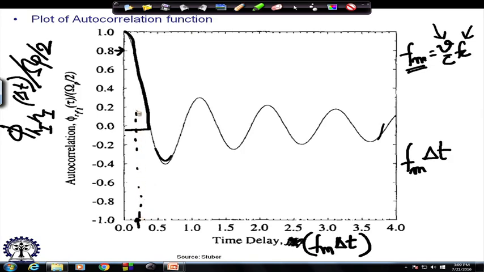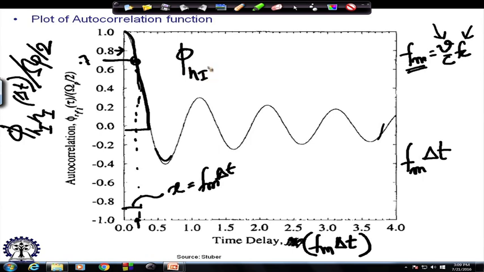If we take this line straight and reach this point, which is, let's say, 70%, we can read this as: at this value of f_m delta t, which is x, where x is equal to f_m delta t, the correlation is 0.7, or phi_hI at x is 0.7.